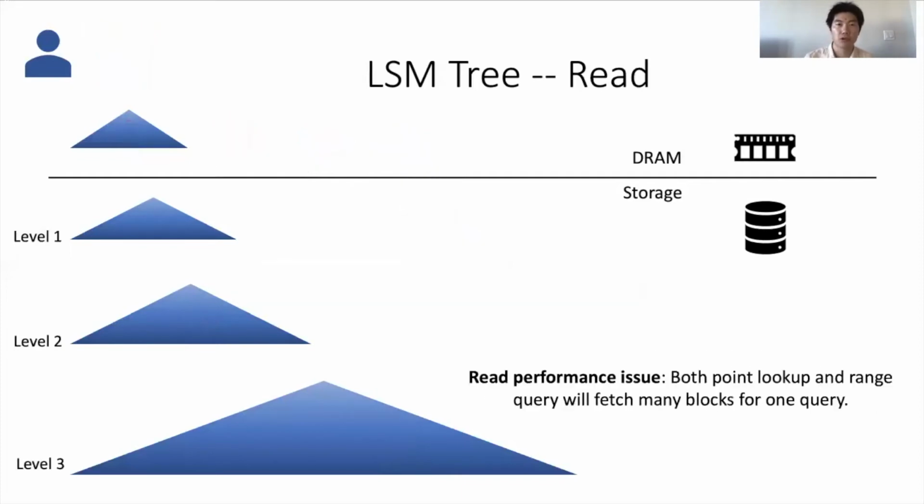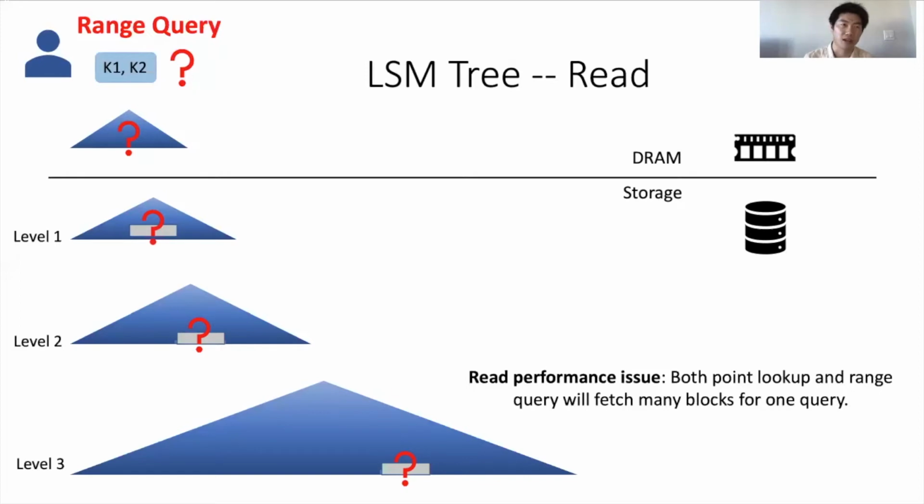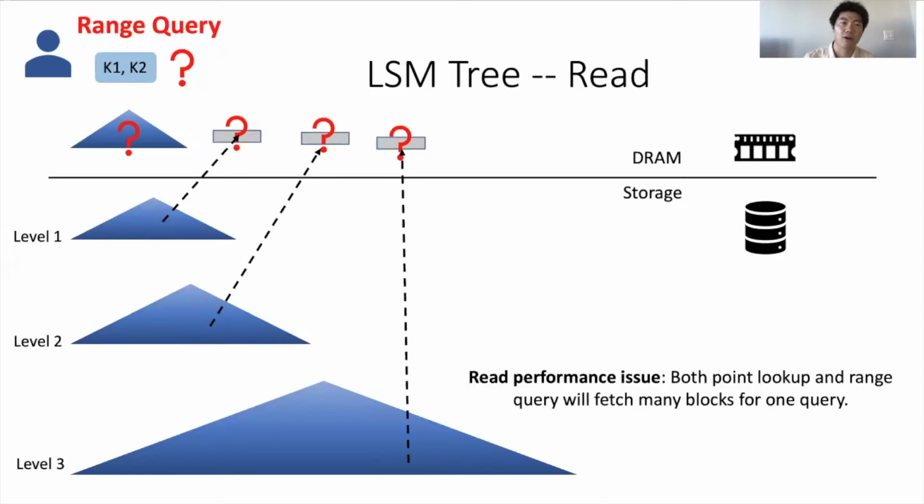And similarly for range query, the user specifies a key range, and potentially every component will have a key range overlapping the range of interest. So data blocks from every level should be fetched into memory. Then a merge will be performed to construct the final result that can be returned to the user. So both point lookup and range query will fetch many blocks for only one query, which causes the read performance issue.